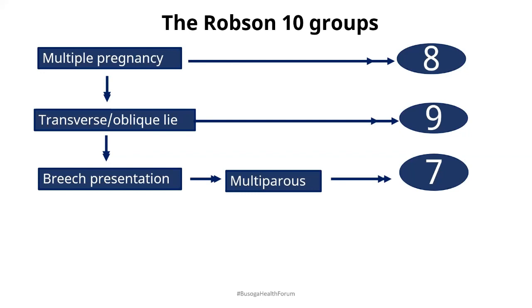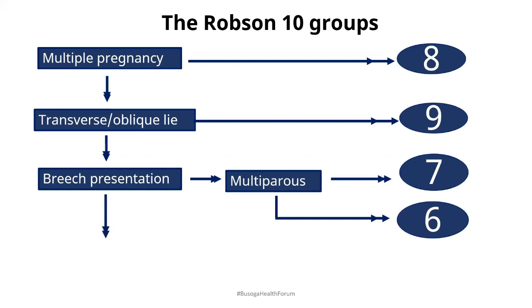If the mother is having a single breech presentation but is nulliparous, then she belongs to group 6. If she's not having a breech presentation, she's having a singleton pregnancy.